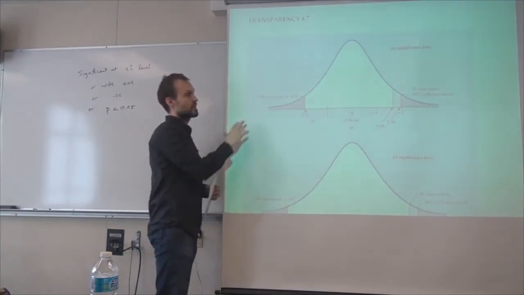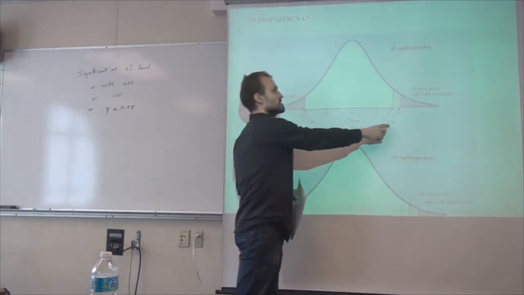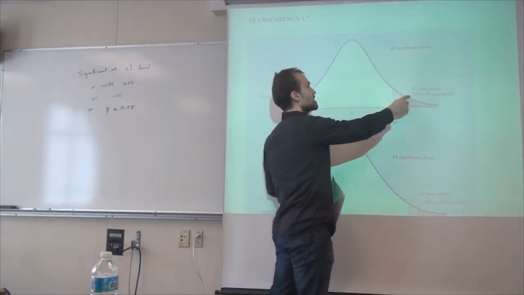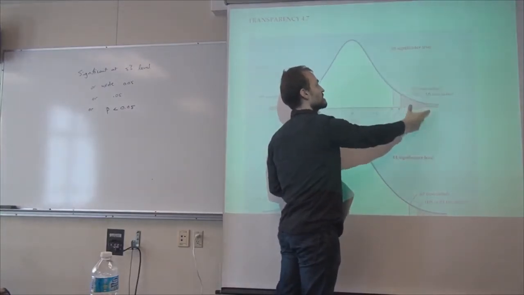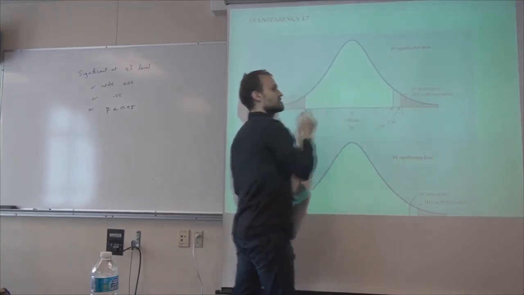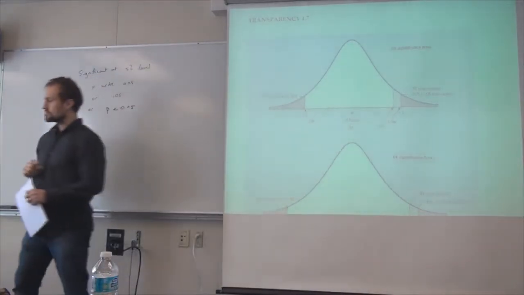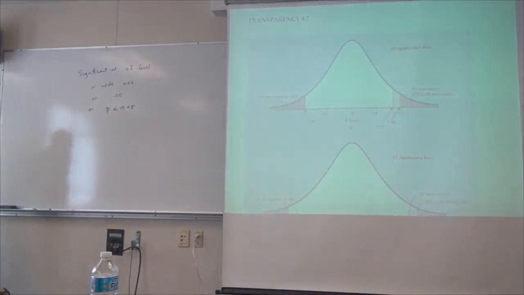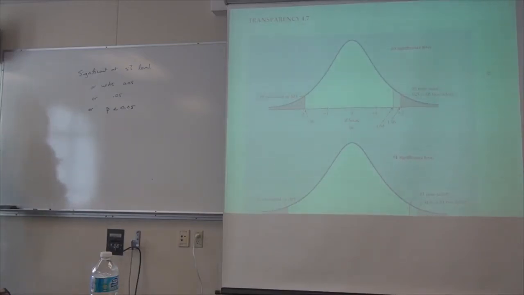It could be on the left or on the right. So my z-score is going to change. Just remember that for a two-tailed test, my significance level is divided by 2, and half of that goes on either side of my normal curve. Two-tailed test. I'm just trying to see if something is significantly different from the mean. I don't necessarily know if it's going to be more or less.